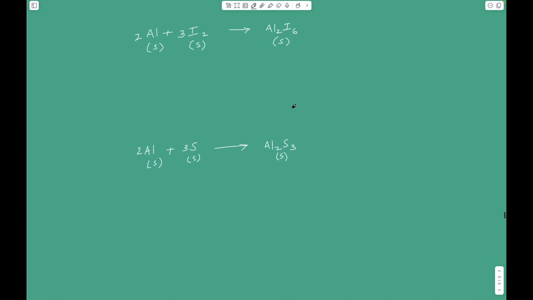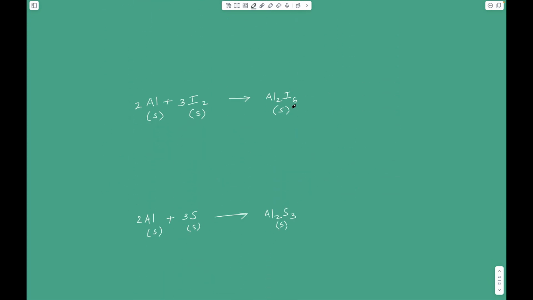In that case, how do we carry out chemical reactions between solids? For example, between aluminum and iodine. A reaction between them can take place only at their surfaces where they can come into contact with one another. And if one of the products formed is a solid, it might get deposited on these surfaces, and this covering or deposit might prevent any further reaction between the reactants because it is coming in between the reactants.